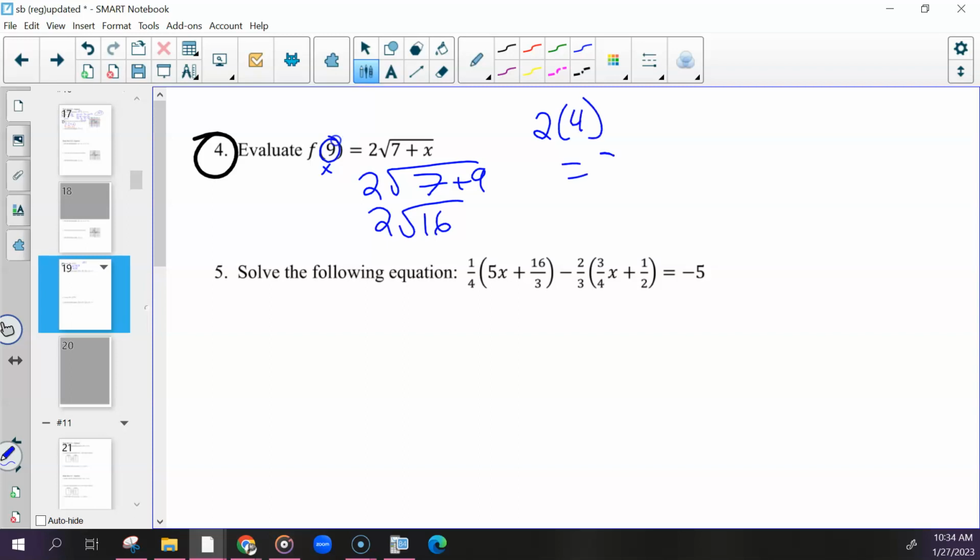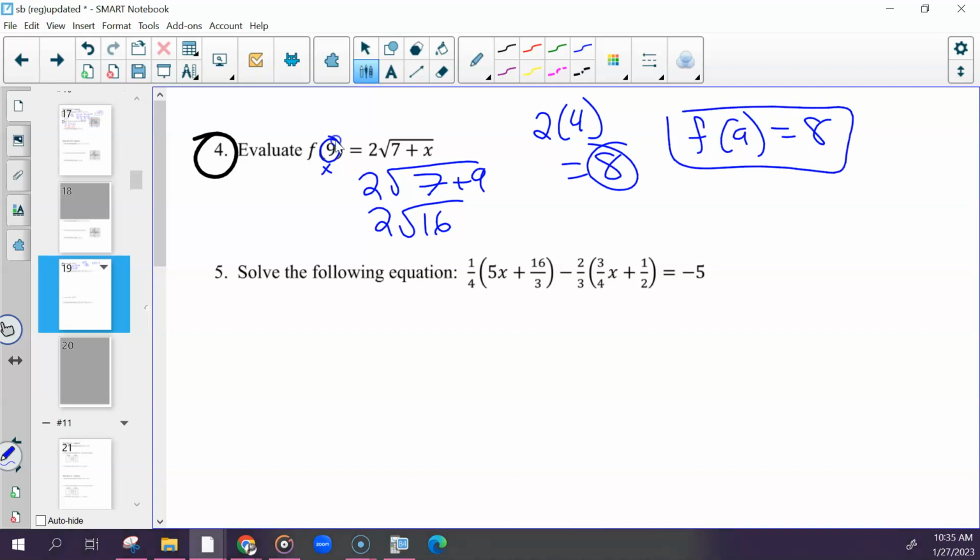And 2 times 4 is 8. So the answer, how we would write it, is f of 9 equals 8. It's really saying when x is 9, y is 8. Questions on that one?